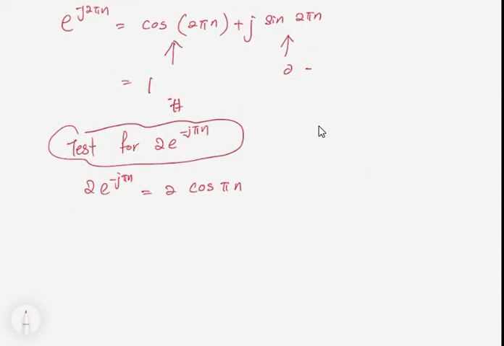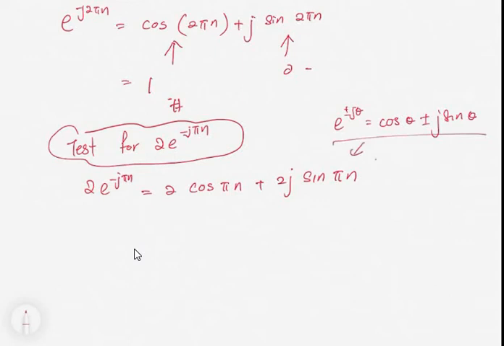Okay, 2 cos pi n plus 2j sin pi n. Do you remember e to the plus minus j theta equals cos theta plus minus j sin theta? So this applies to here. Okay, so then you have the cos pi n.